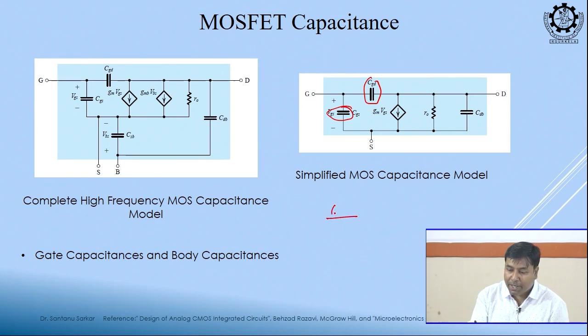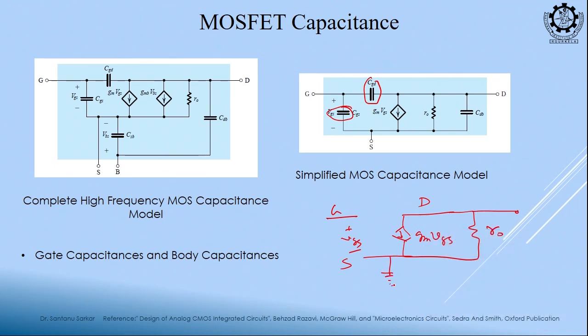What is our hybrid pi? This G, this is source, this is drain, gate to source open, resistance, right, and here we have, suppose this is your VGS, so this is your gm VGS and one resistance r0. So, this is your low frequency model.